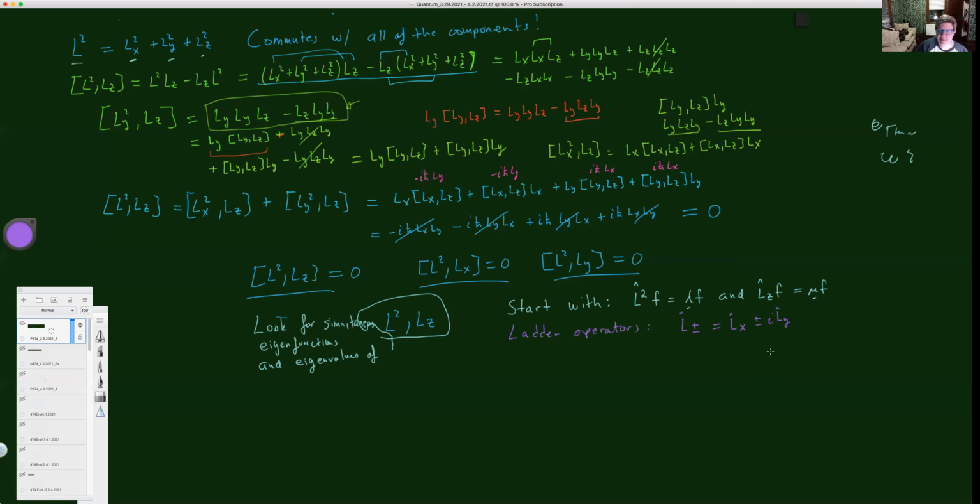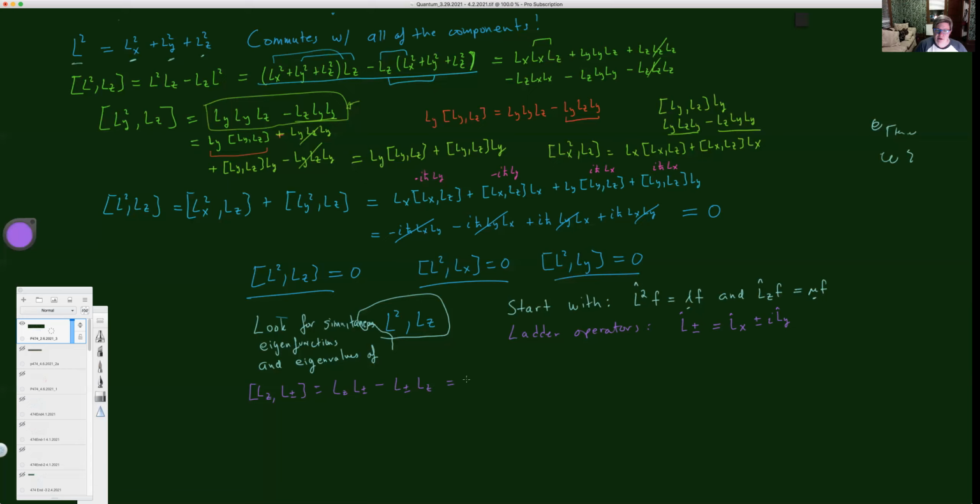Let's take a look at the commutator between Lz and the ladder operators. Lz first, then L plus-minus: Lz L plus-minus minus L plus-minus Lz.